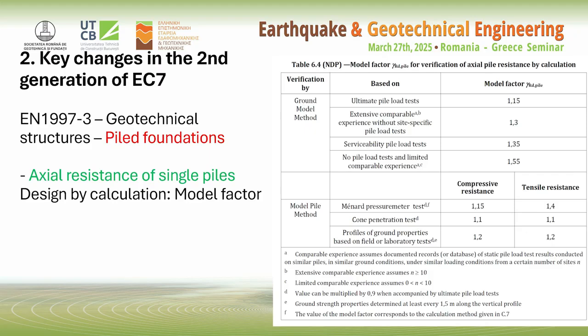So we are trying to calibrate the result of the application of one of these methods. And you can see for the ground model method in different cases, values starting from 1.15 to 1.55. And for the model pile method, there are smaller values, because of course, when we are basing our design on CPT or pressuremeter, the values are more realistic.